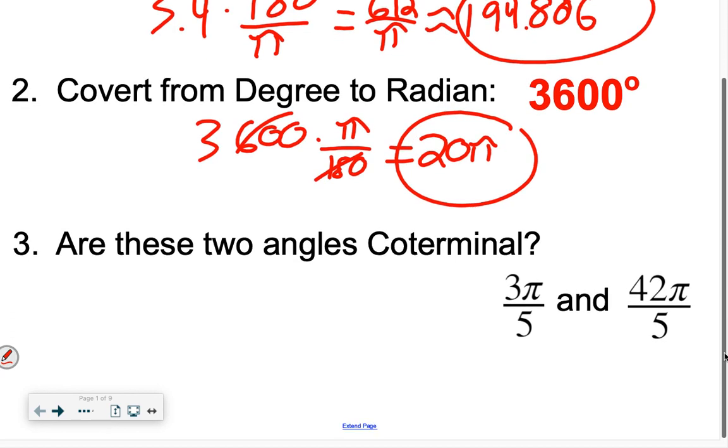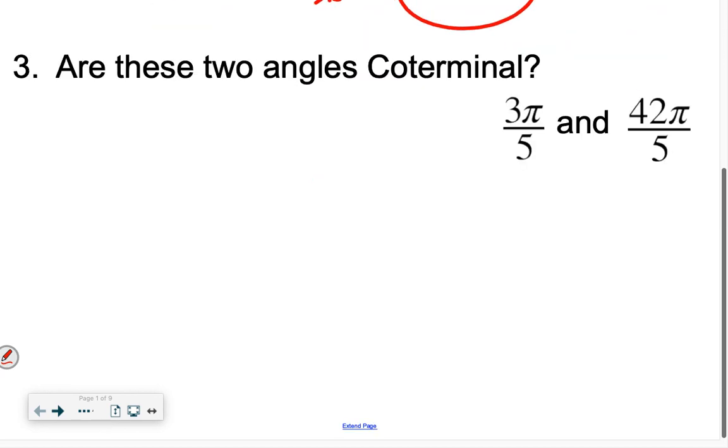So this is another example of what we just talked about. Again, I apologize. So we have 3 pi over 5 and 42 pi over 5. We need to determine if they are coterminal. I'm going to do it both ways. First way we can do is just add 2 pi.